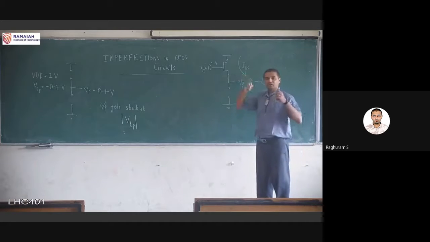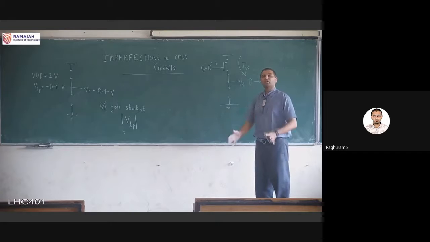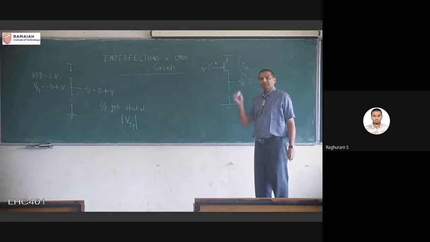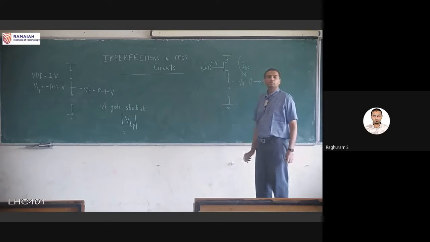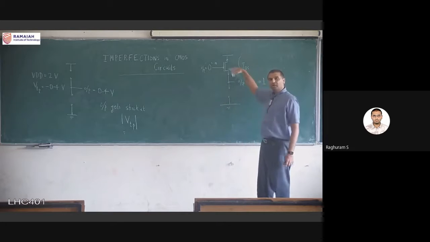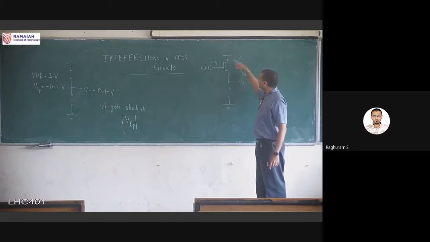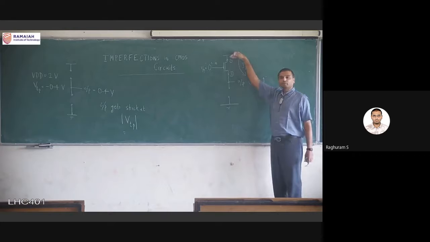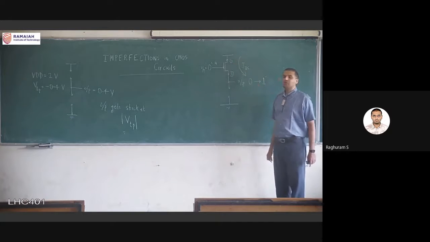So some charges, say some 25 microcoulomb, have to be supplied so that if I keep a voltmeter at that node, I should get 2 volts. Since that is the direction of current, holes have to flow from this terminal to this terminal. So this is the source, this is the drain.